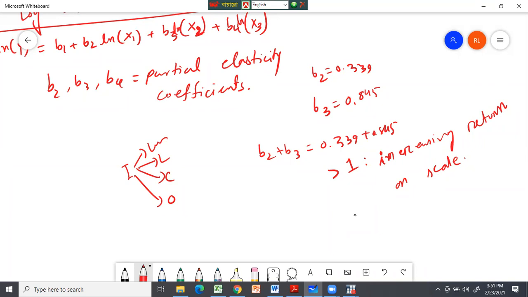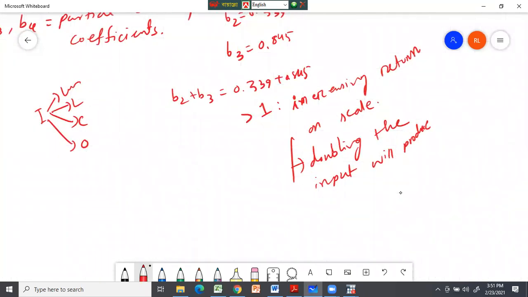When the value of return to scale is found greater than 1, it is known as increasing return to scale, which means doubling the input will produce more than double output.